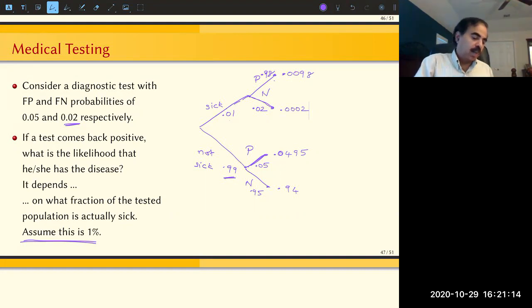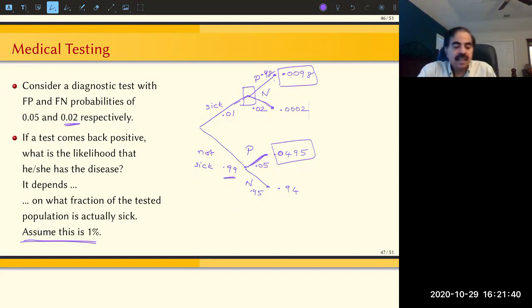Okay, so now what we are asking for is that the test came back positive, right? So this is the condition. We are asking what is the probability of being sick, which is this node, given that the test came back positive.